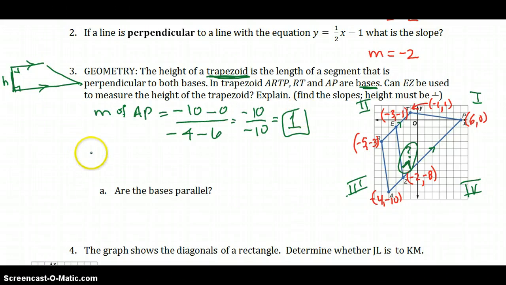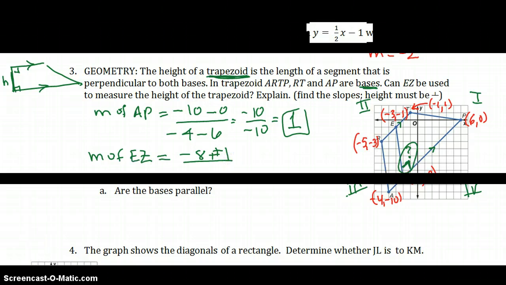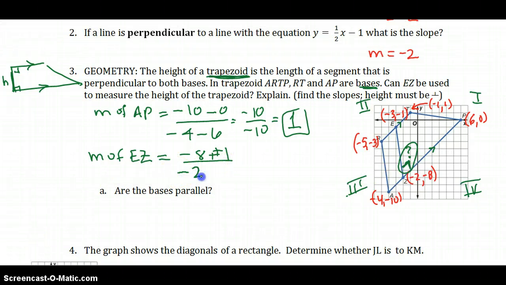Now let's find the slope of EZ. If it's the opposite reciprocal, which by the way, the opposite reciprocal of 1 will just be -1. So for EZ, I'm going to be using (-3, -1) and (-2, -8). So -8 minus a -1 makes +1 over -2 minus a -3, which makes +3.